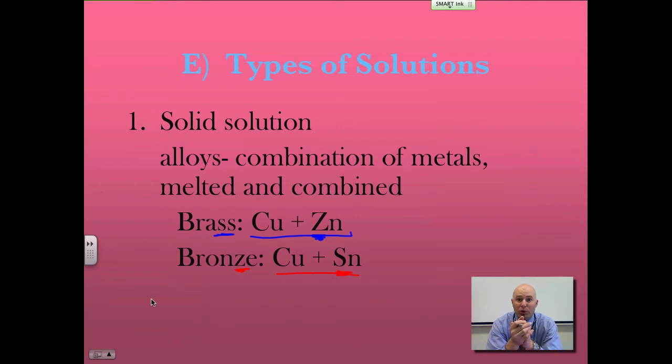Not pure gold, so like 14 karat gold in jewelry, 18 karat gold, stainless steel, these are all alloys. 14 karat gold is a lot stronger than 24 karat gold. My ring is a combination of platinum and yellow and rose gold, and it's pretty hard.